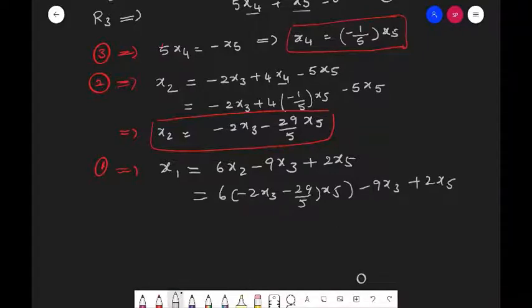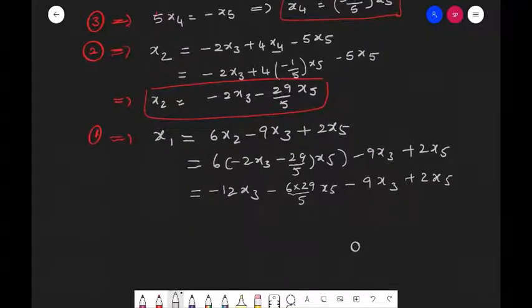So let me write this is equal to minus 12x3, and this one is minus 6 into 29 by 5 x5, and then minus 9x3 plus 2x5.